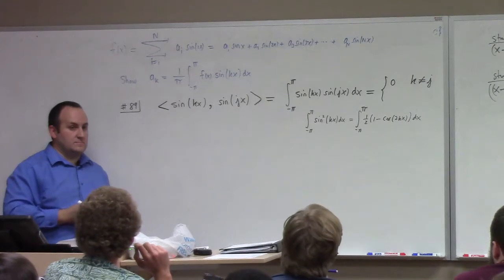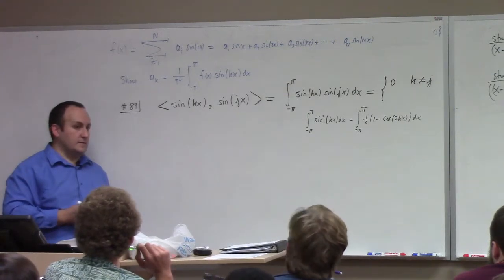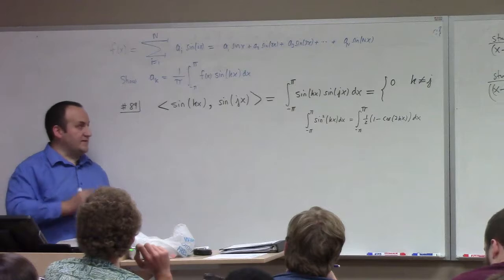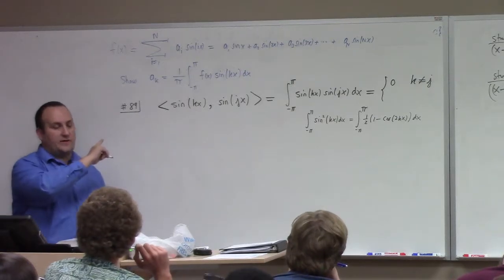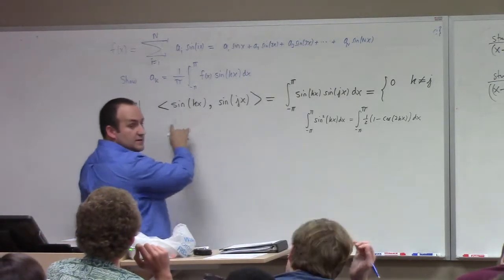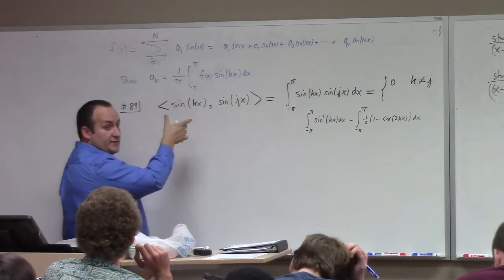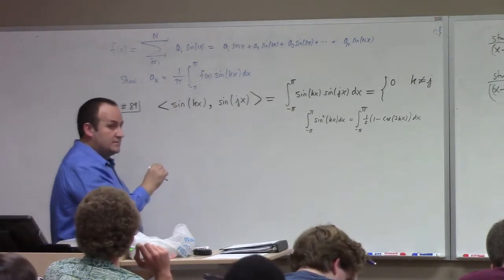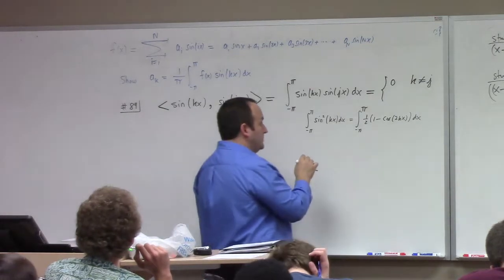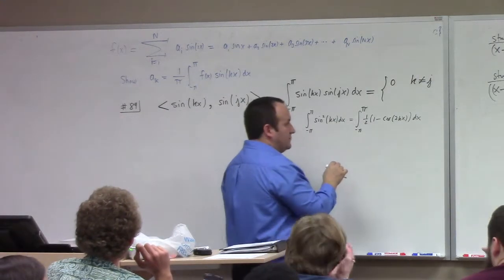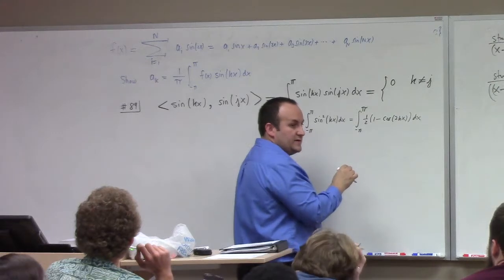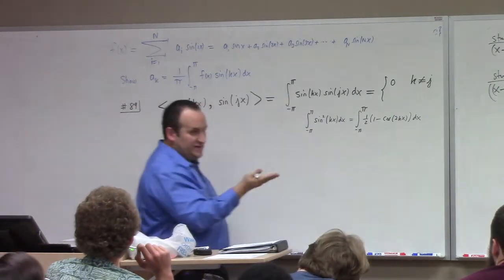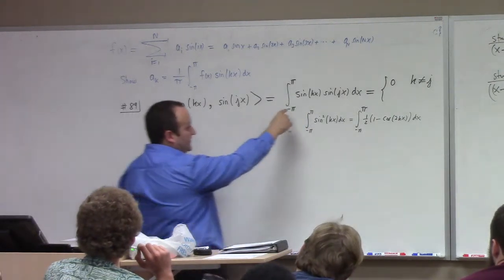So they're orthogonal by definition, by this calculation. But sine of different arguments are also orthogonal, like sine of x is perpendicular to sine of 2x.